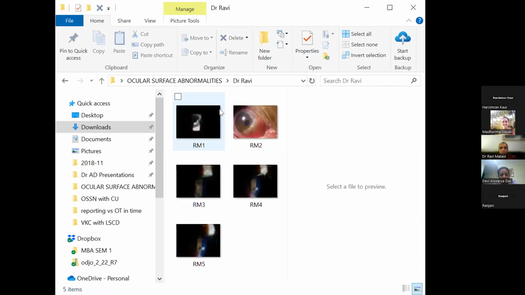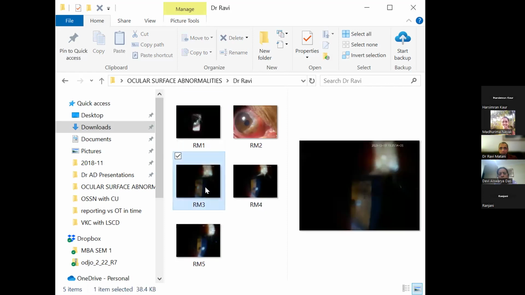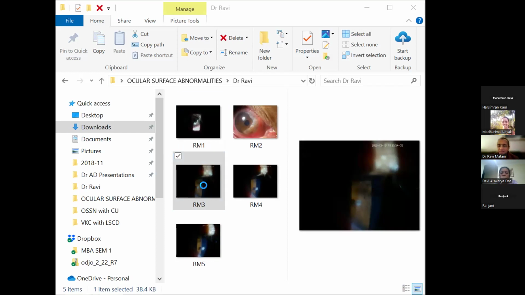Yet another case. So this is, I think, a thorn injury, right? Yes, ma'am. So this was just out of interest. This is the second time a patient like this came to me. He had a thorn injury, and you could see the track.